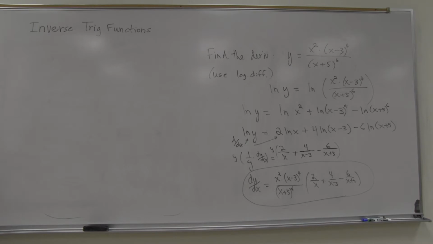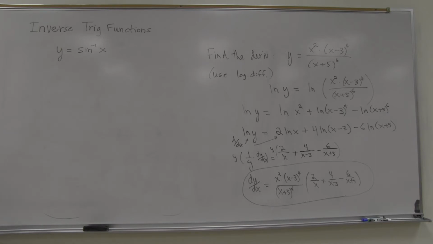The inverse trig functions. So just start here with a brief little review of what we mean by the inverse trig functions. The inverse trig functions are not 1 over cosine, 1 over sine, that's not what we're talking about. We're talking about the inverse of them. And the way we write them, remember, it is sine inverse.